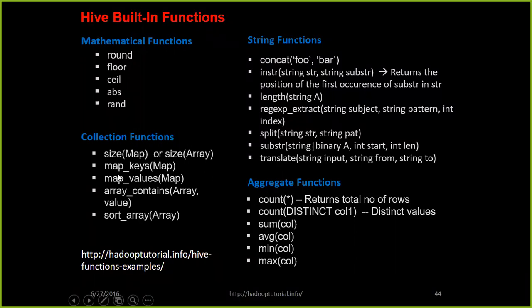And in case you have any complex data types like arrays, maps, and structs. If you have an array and you want to look for whether a particular value is present in that array or not, you can use array_contains, or sometimes how many elements that array is containing, so size of array, or if you want to sort those array elements, you can sort the array by that column.